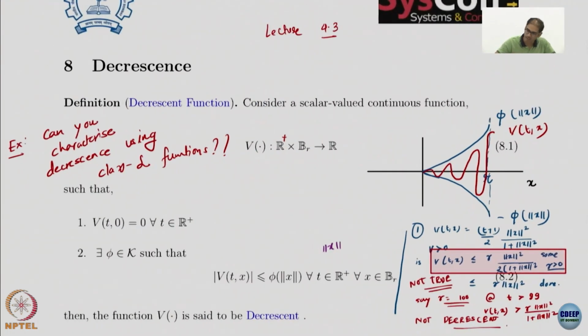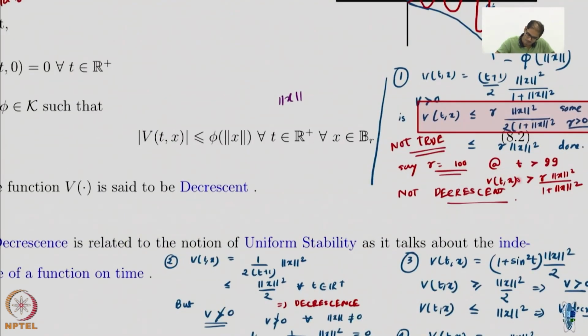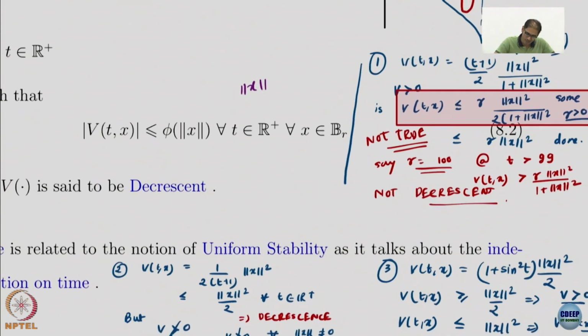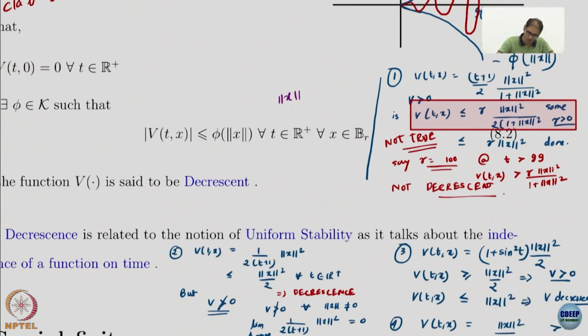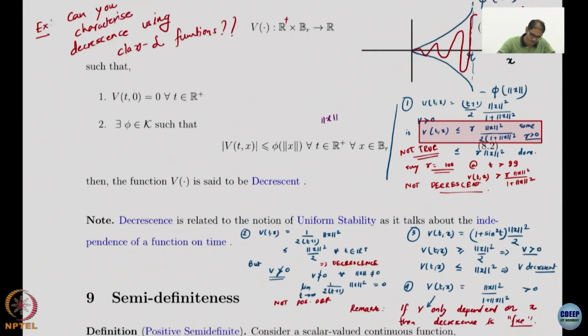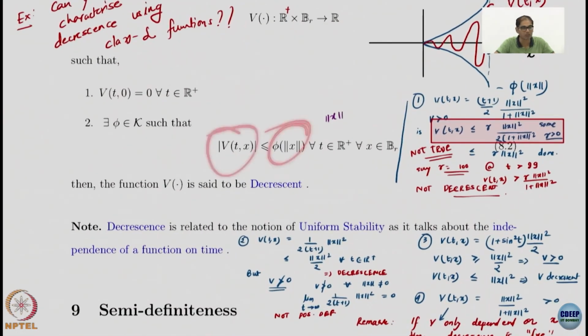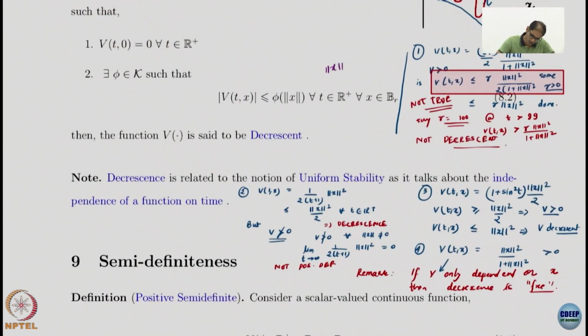Is that clear? This is not decrescent, that is what I have said. The basic point is right hand side only function of x, left hand side increasing function of time, even if x is constant, this domination is not possible. Okay, again decrescence connected to uniform stability.